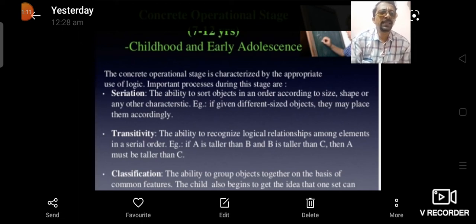For example, if A is taller than B and B is taller than C, then A must be taller than C. Transitivity means they are able to think about logical relationships among the elements in a serial order, for example, who is taller, who is smaller.